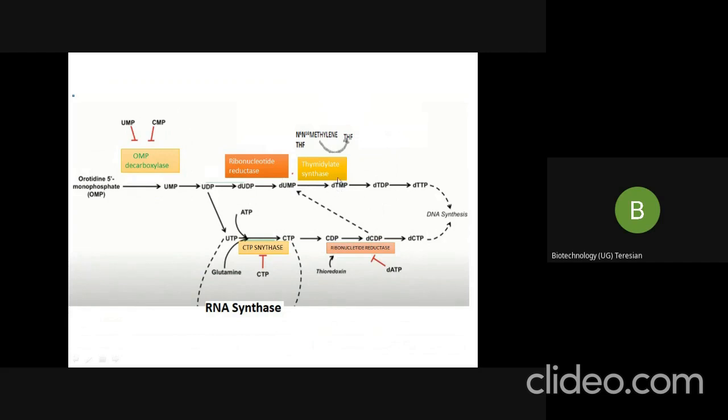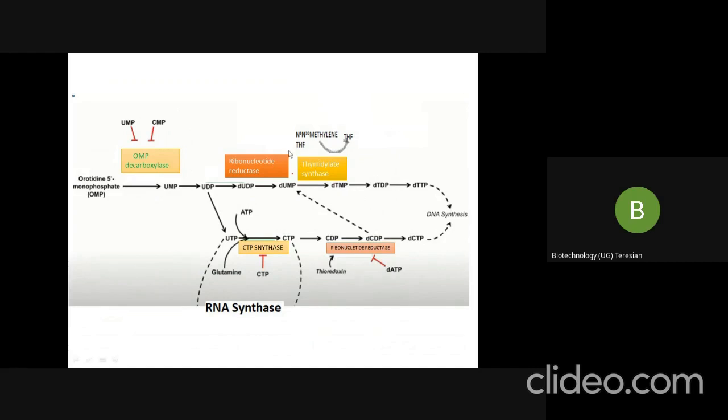Now this step, the conversion of deoxy-UMP to deoxy-TMP, is very important because it is catalyzed by the enzyme thymidylate synthase. Synthase means always the formation, production, synthesis. And this requires a cofactor.